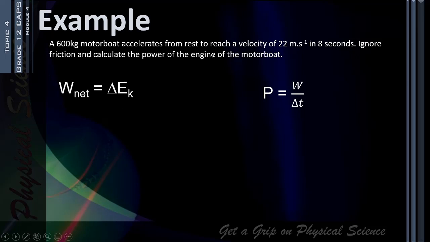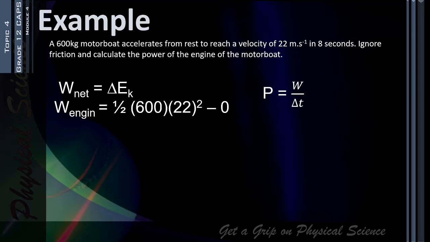We know the initial and the final velocities, we know what the mass of the boat is, and we know that the only force that does work here is the force of the engine. So the net work is the work done by the engine, and that would be equal to the final kinetic energy minus the initial kinetic energy, which is 0 because the motorboat accelerates from rest.